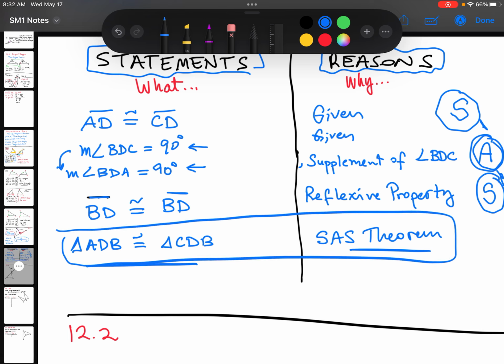But it was because I previously logically connected some statements that led me to these three things being true, side, angle, side, and then I can state the last one, which is the conclusion I wanted to show.